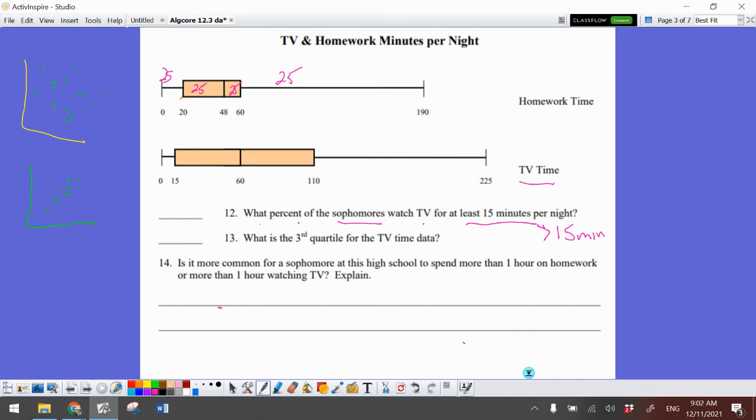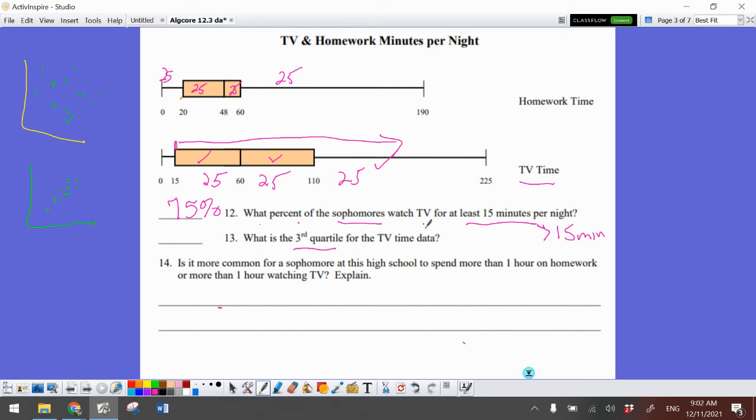So we're starting at the 15 and going this direction. Well, that's 1 section, 2 sections, 3 sections. So that's 25, 25, and 25, which means that is 75%.